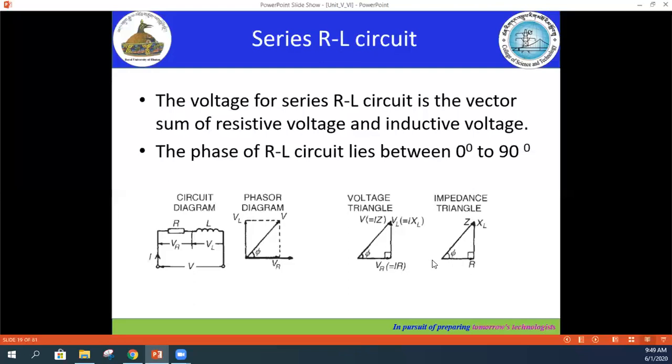See here, in the base we are writing R, and here we are writing the reactance, be it capacitive or inductive. This side will be the magnitude of the reactance, and the resultant is called the impedance. Now remember this angle. This is the voltage angle, and here we have the impedance angle.